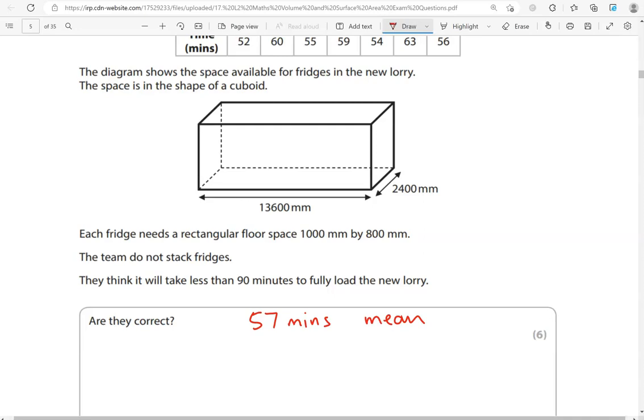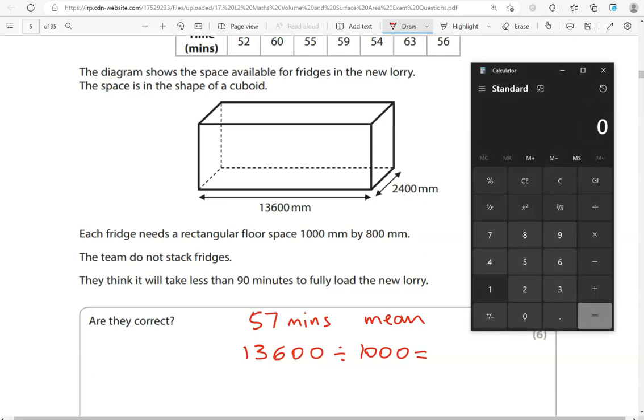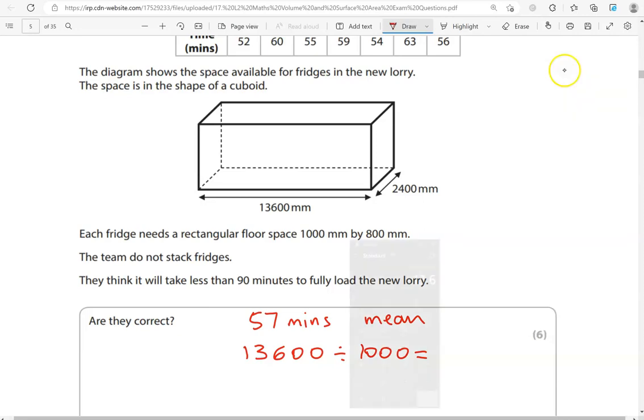So what we're going to do is 13,600 divided by 1,000, which is 13.6, which means 13 fridges will fit along the length.